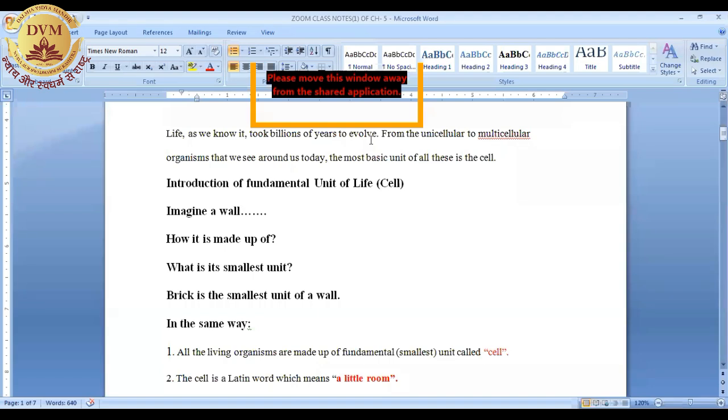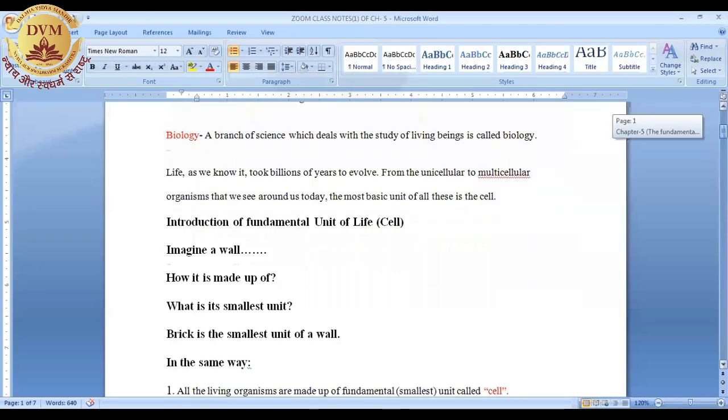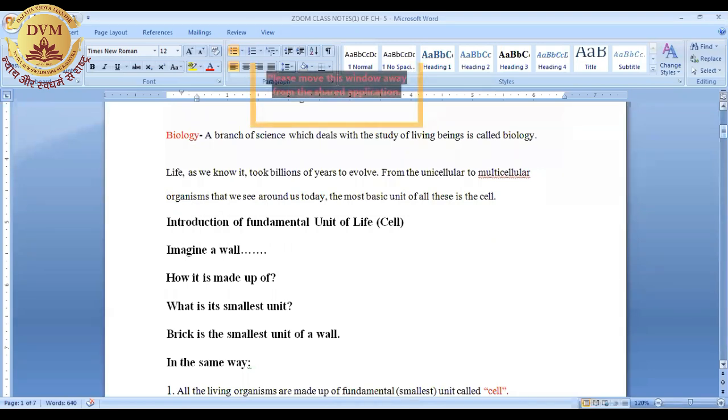From the unicellular to multicellular organisms that we see around us today, the most basic unit of all these is the cell. Today we are going to discuss the fundamental unit of life, that is the cell, right?